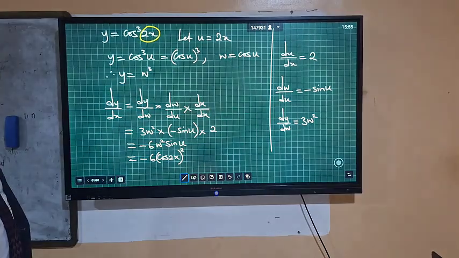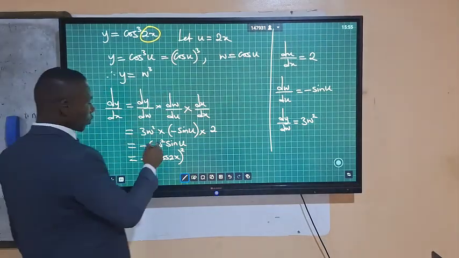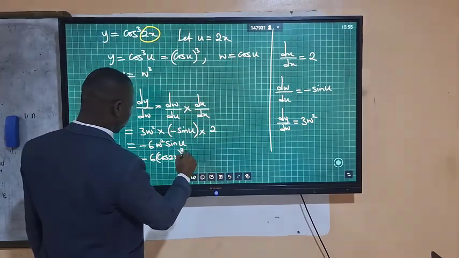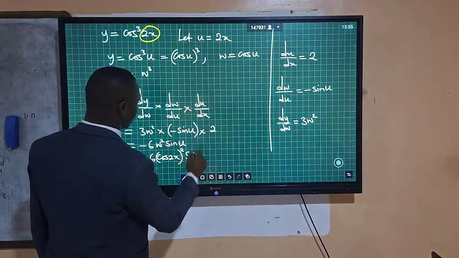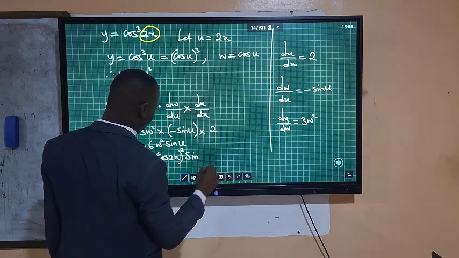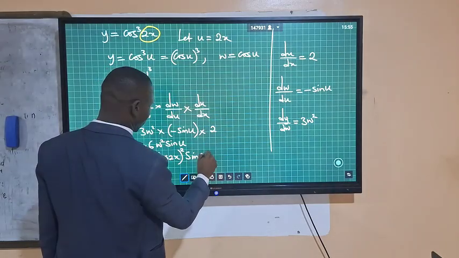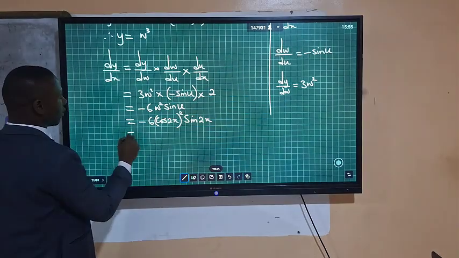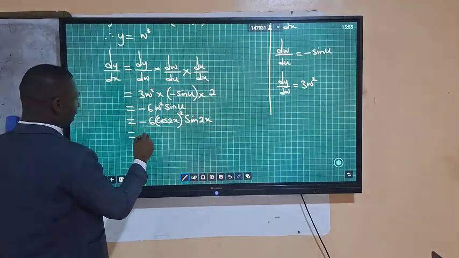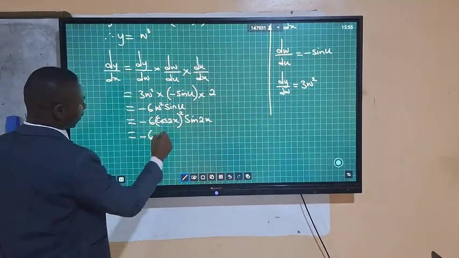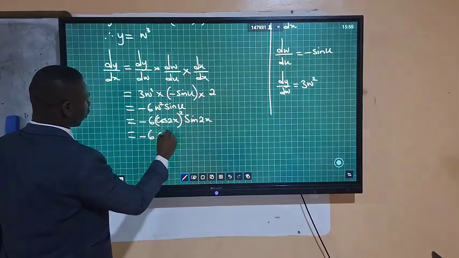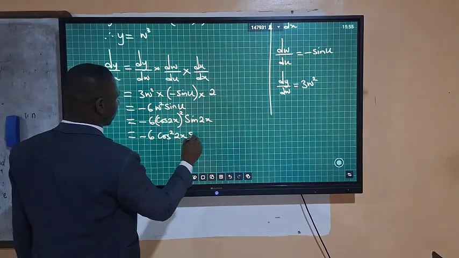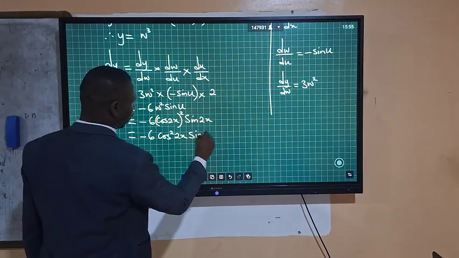Then we have sine u, but u is equal to 2x. Then this is nothing but minus 6 cos squared 2x sine 2x.